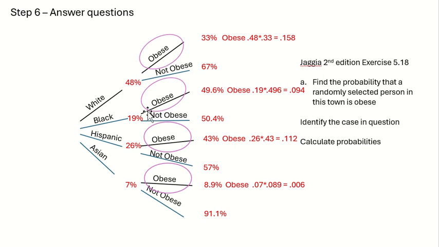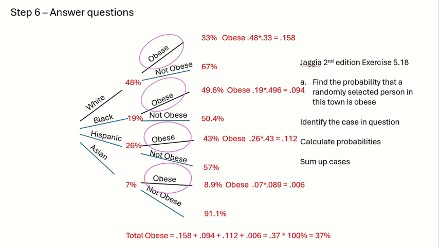Same thing here, just extend it out. 19% times 49.6%, 26% times 43%. And once you go through and we gather up all of these probabilities of the people who are obese and you sum them up, that would be the total probability of the people who are obese.